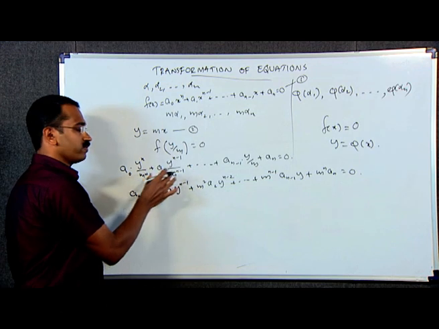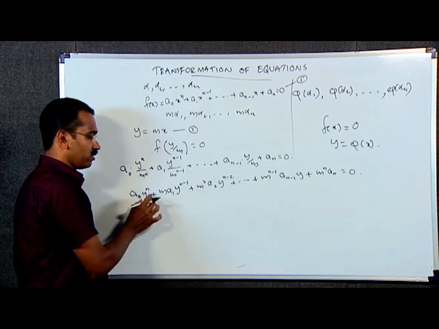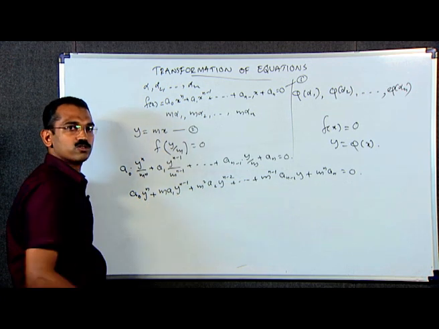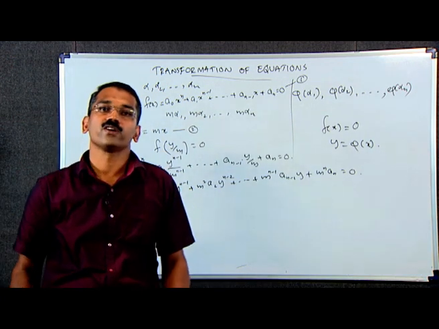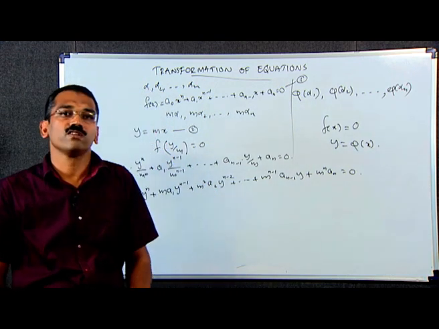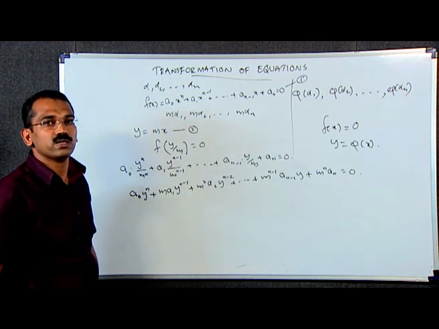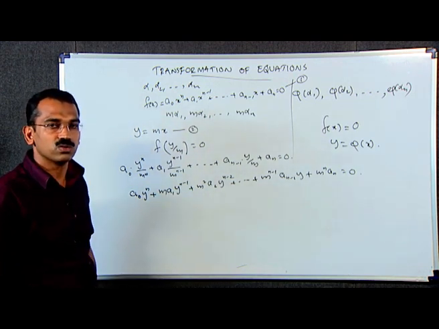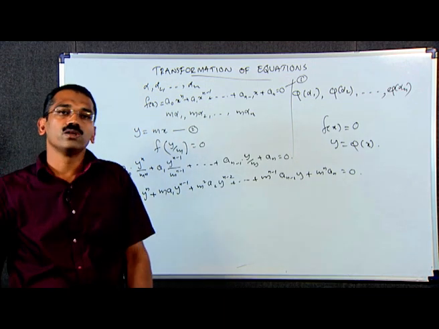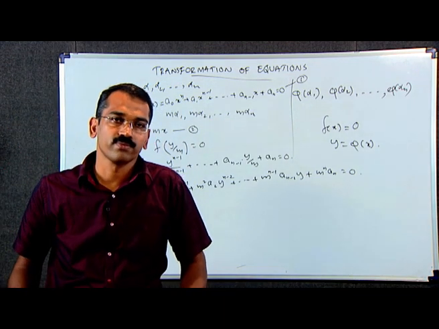Therefore, the required equation is obtained by multiplying the successive coefficients a naught, a1, a2, etc., a n by m raised to 0, that is 1, m raised to 1, m square, etc., m raised to n.